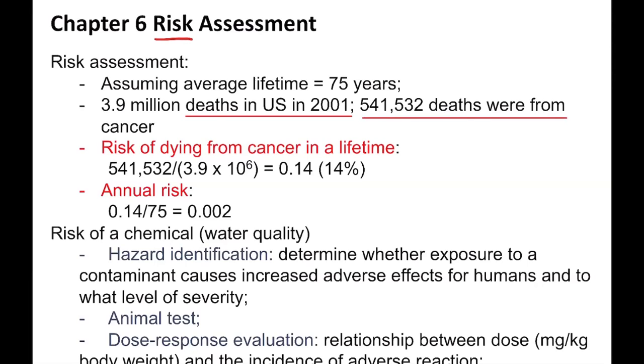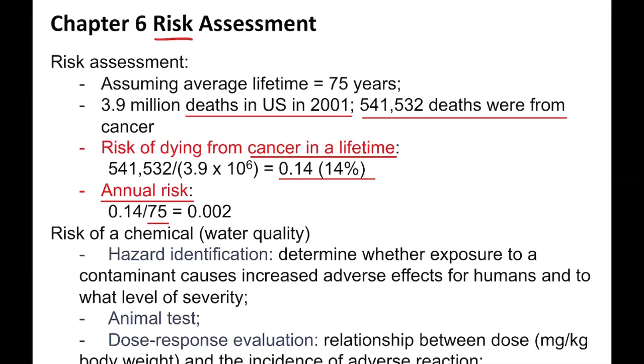So the risk of dying from cancer in a lifetime is just the ratio of these two numbers. And you can find that the number is 0.14, which is 14%. So it is quite risky in terms of all the diseases, right? People can also evaluate the annual risk. The annual risk of cancer is going to be the lifetime risk divided by the estimated lifespan of a human.